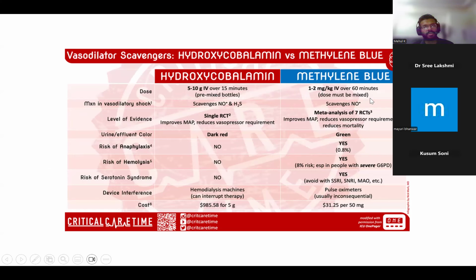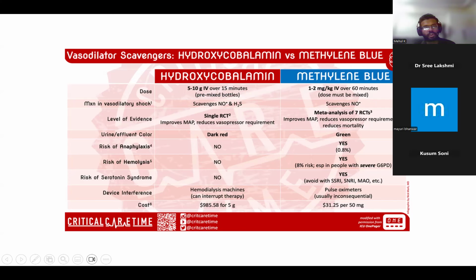One thing to keep in mind for methylene blue is the risk of hemolysis, especially in patients with G6PD deficiency. It can also have some bad drug interactions, and there is a risk of serotonin syndrome. Another option, which doesn't have as much evidence compared to methylene blue, is hydroxycobalamin.